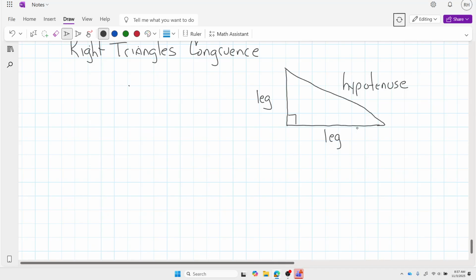And then the other two angles, I label this ABC. Angle A and angle B are referred to as the acute angles.